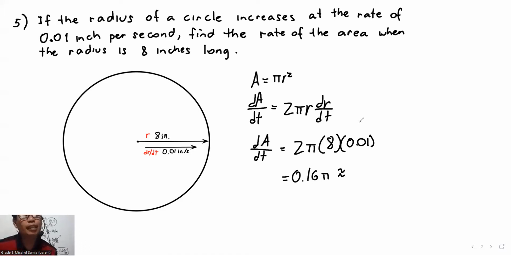This is in inch per second, Josh. Okay. So this is an introduction on our next topic on circles, volume, and surface area. The simple problem of just the area of a circle and the radius increasing at a given rate.